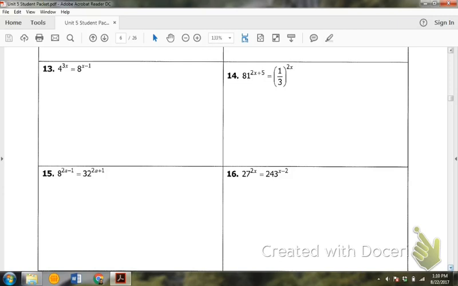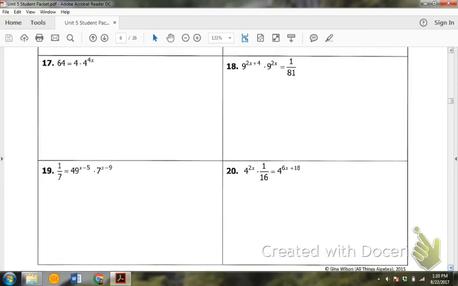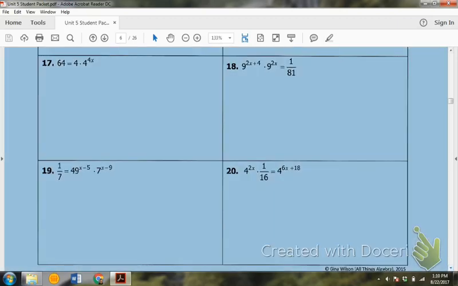So now we're putting a couple of the skills together. Let's take care of the left side first. 64 can probably become a base of 4. That's probably why they gave that to us, right? So let's check 64. Can that become a base of 4? 4 to the what?